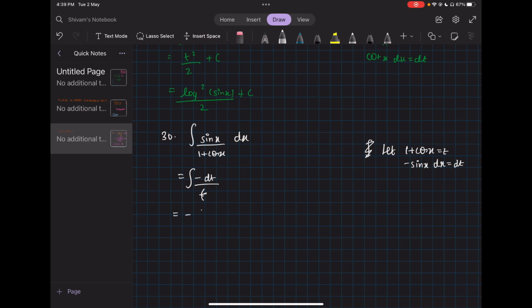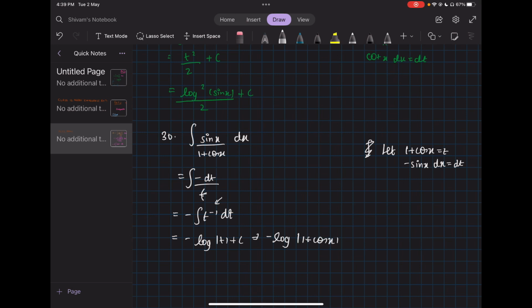This minus sign gets kicked outside, and we have a t to the minus 1th power times dt. And now we're gonna use the standard integral for this, which is just log of mod t plus a c, right?